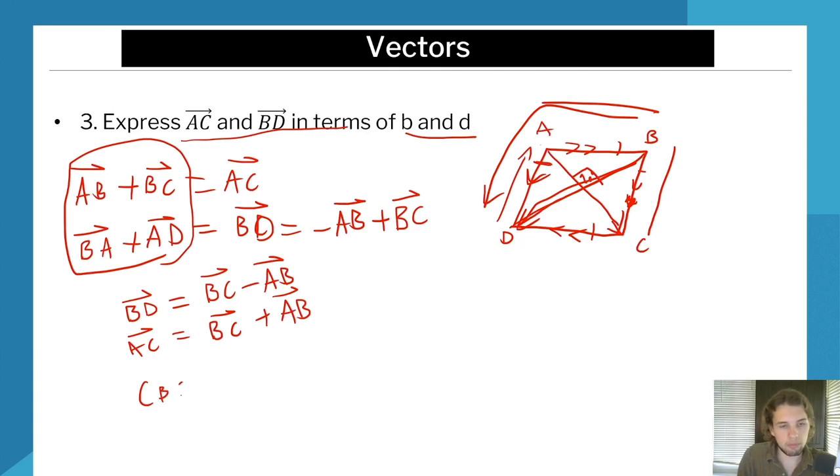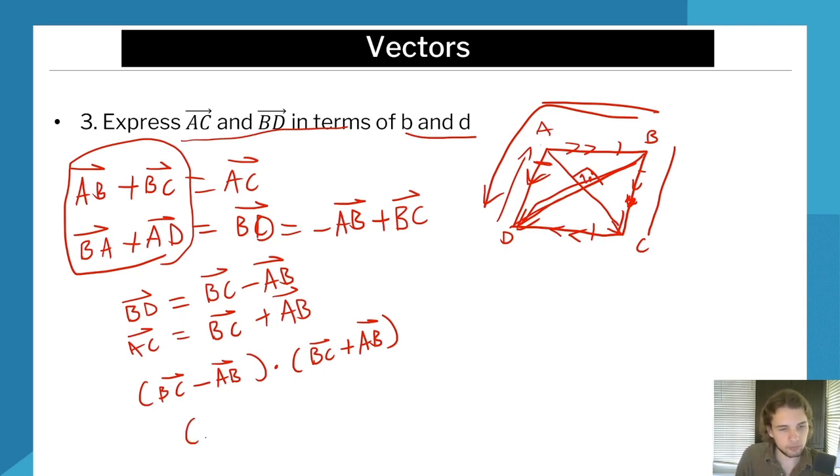So we do BC minus AB dot BC plus AB. Now we can expand this in the same way we would multiplication.